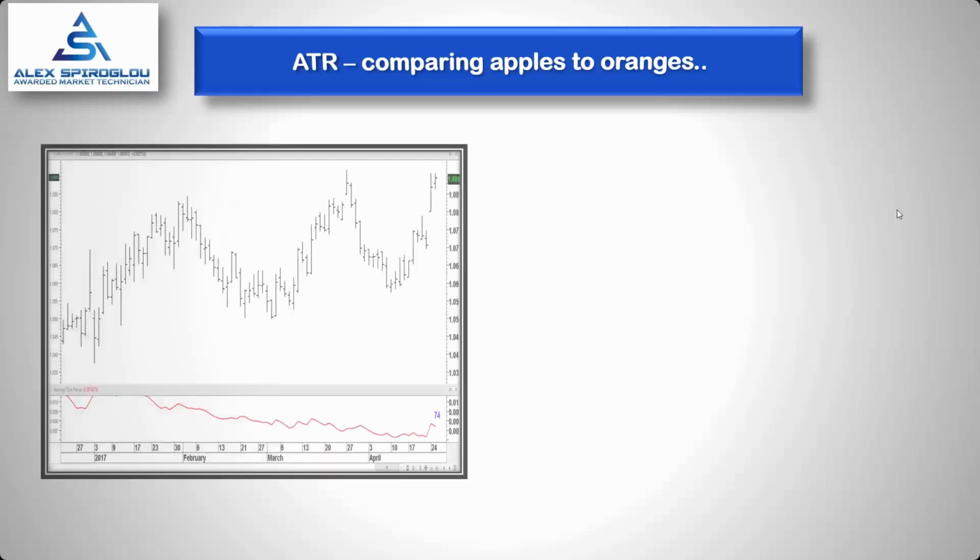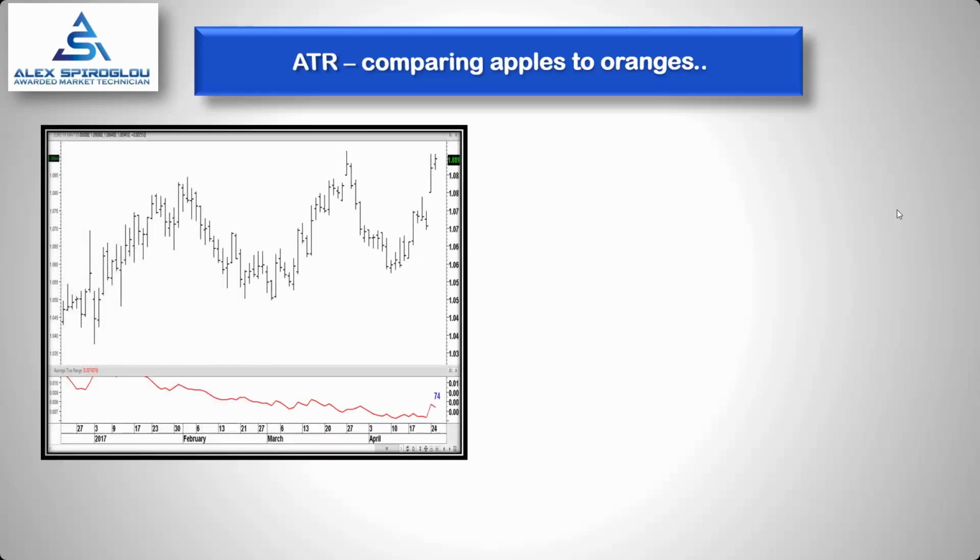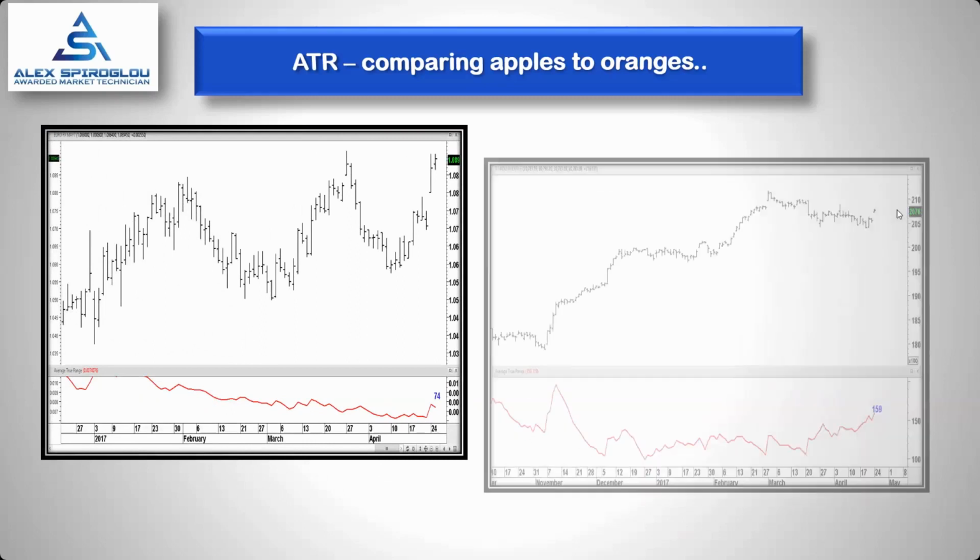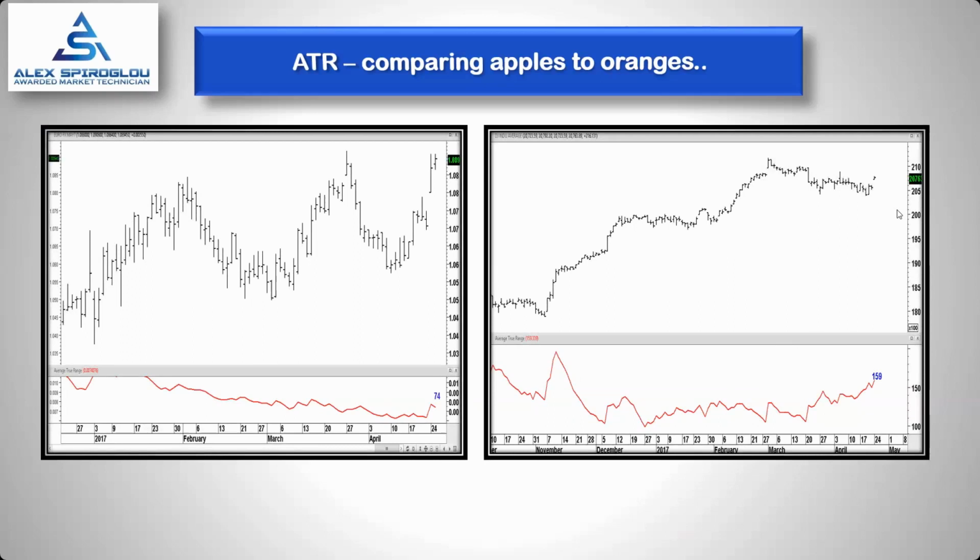This is exactly what I'm showing visually, what the problem is. On the left chart, you've got the euro, average range 74. And on the right one, you've got the Dow, with an average range of 159. Does this mean that the Dow is twice as volatile? No, because 74 ticks is a low priced item.